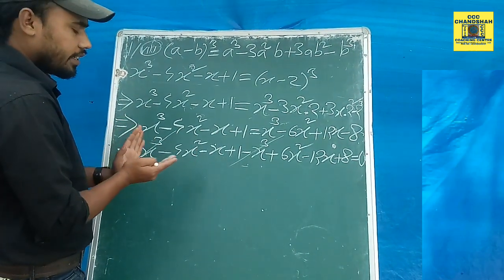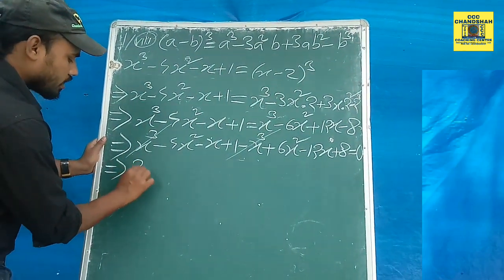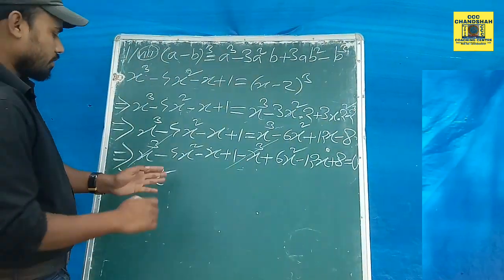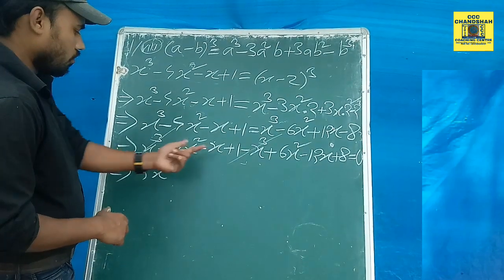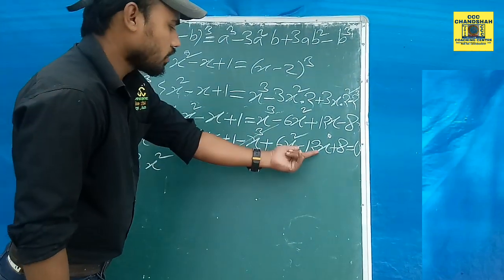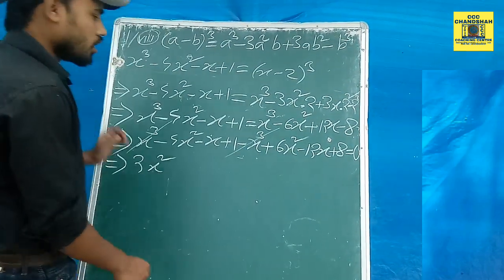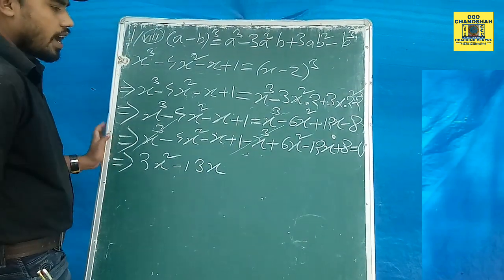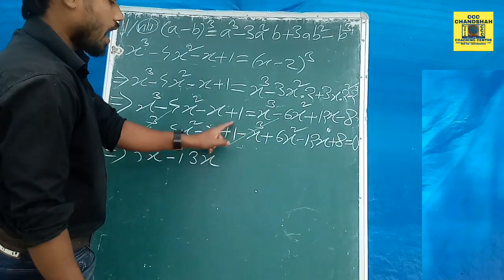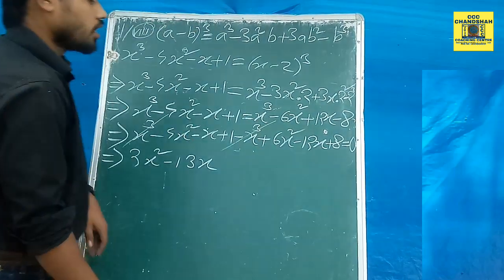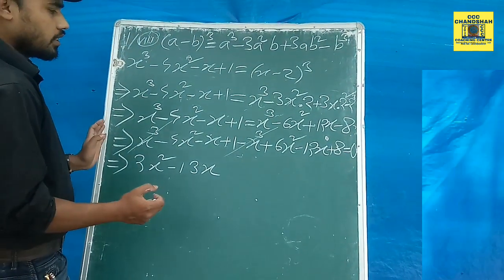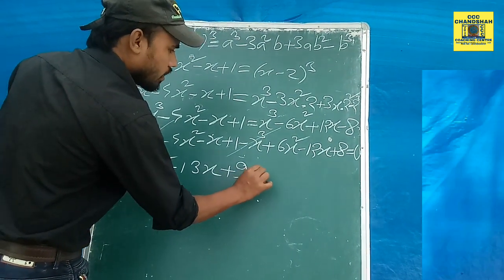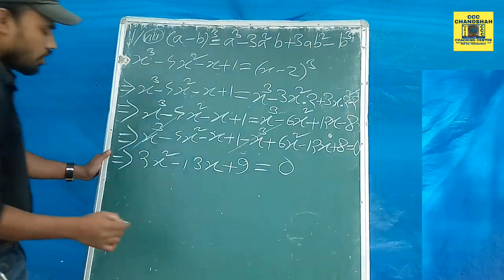So after calculating, we get 2x square. The x like terms are minus x and minus 12x, so we get minus 13x, and plus 1 and plus 8. After adding these two numbers, we get plus 9. Plus 9 is equal to 0.